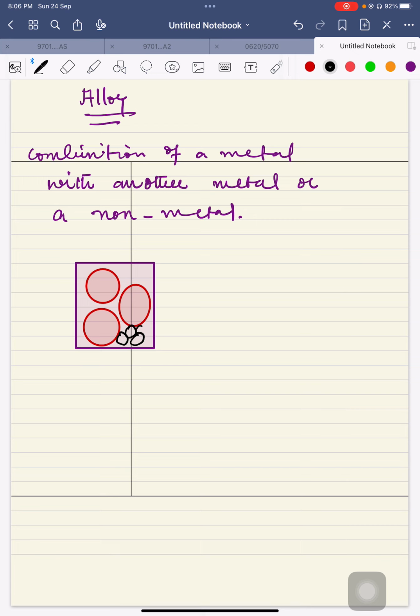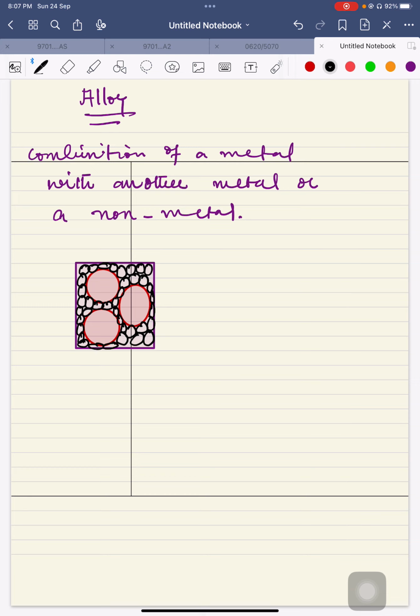You can see that in case of an alloy, two different sizes can be observed. One is bigger sizes, whereas the others are smaller sizes. Particles are just fixed with each other. We can see in this case there is no sliding possible, as the particles are fixed with each other, and no spaces are there, due to which the particles are holding each other more tightly.